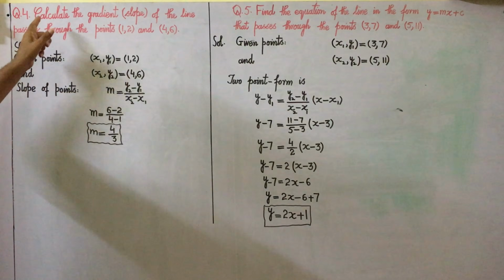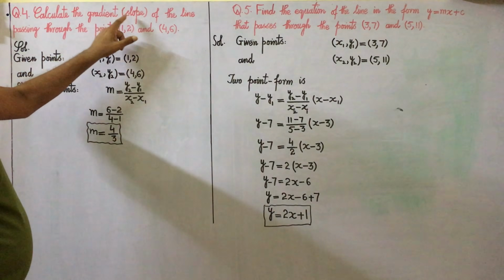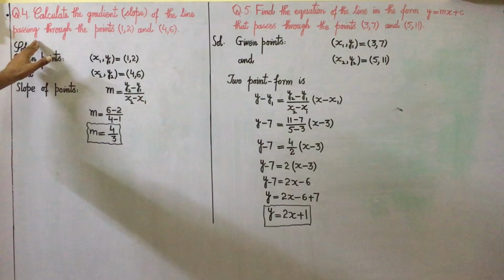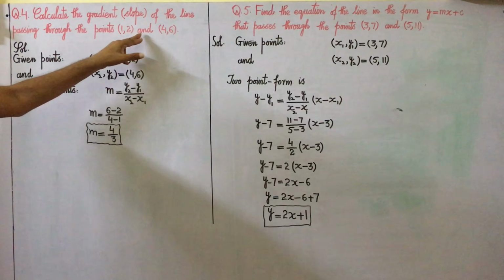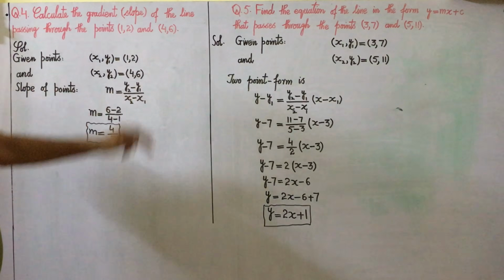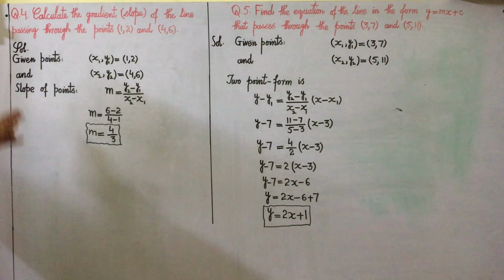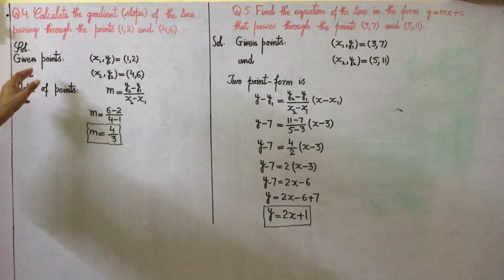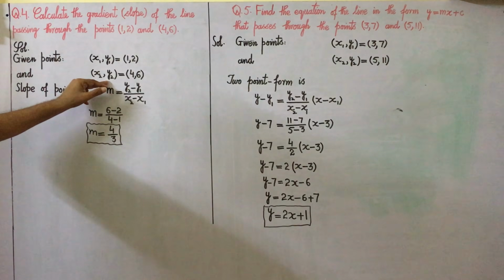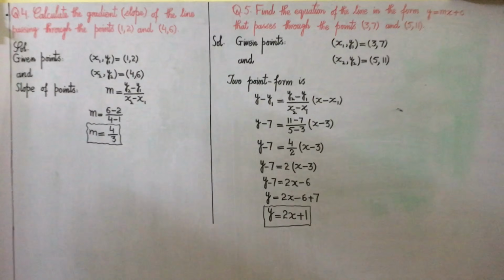Question 4. Calculate the gradient or slope of the line passing through the points. First point is (1, 2) and second point has coordinates (4, 6). Solution: given points x1, y1 as 1 and 2 and x2, y2 as 4 and 6.